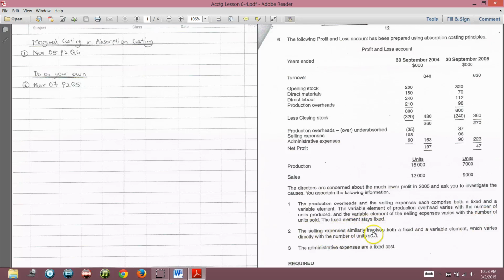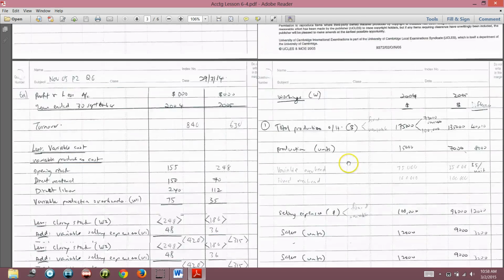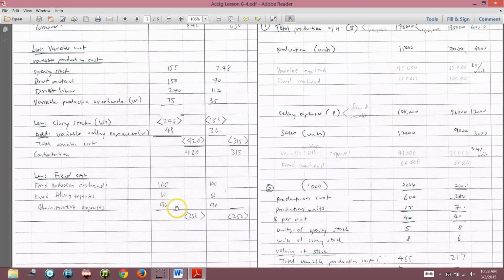The selling expenses similarly involve both a fixed and variable element, which varies directly with the number of units sold. Okay, administrative expenses are fixed costs. So we know that administrative expenses is a fixed cost. So under fixed costs, easy, administrative expenses we put first because we know the figure.